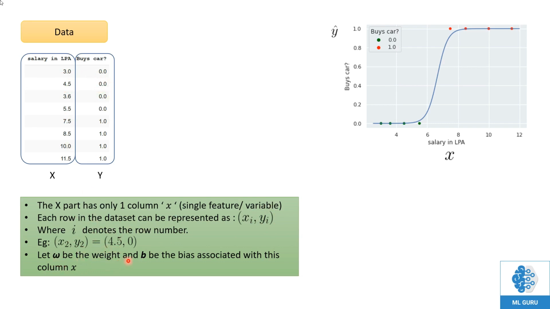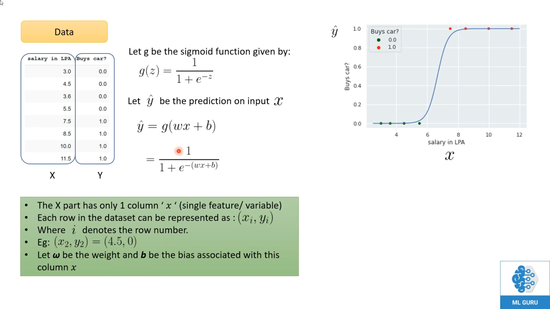And let w be the weight and b be the bias associated with this x. Now, as we have seen earlier as well, in case of linear regression, we do not pass this x directly to our model. We first multiply it by w, which is your weight, and add the bias. Now, as told earlier, this g of z represents your sigmoid function, and let y hat be the prediction on input x.